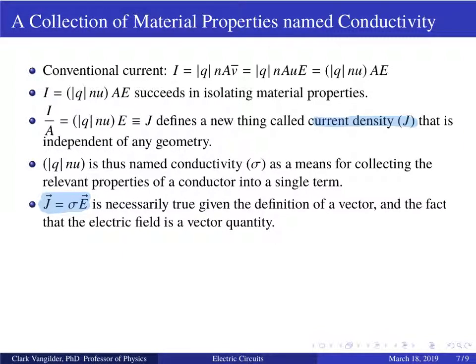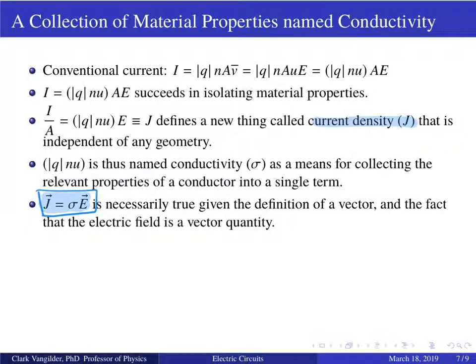Notice that the current density, so just a little vector memory thing, whatever J is and whatever E is, they're pointing in the same direction. Okay?